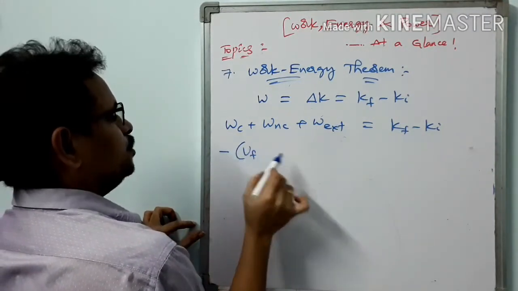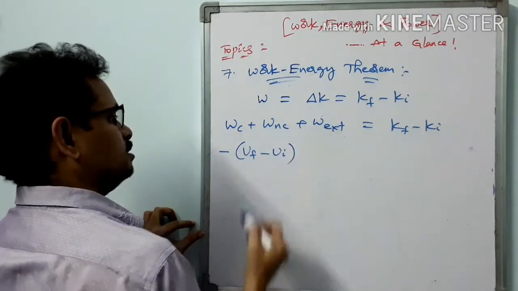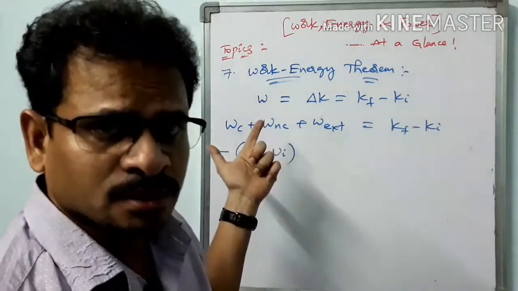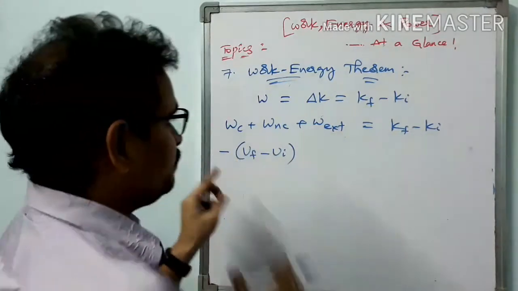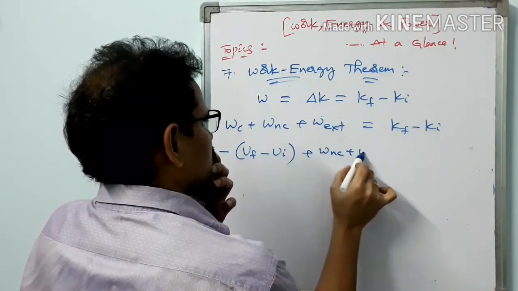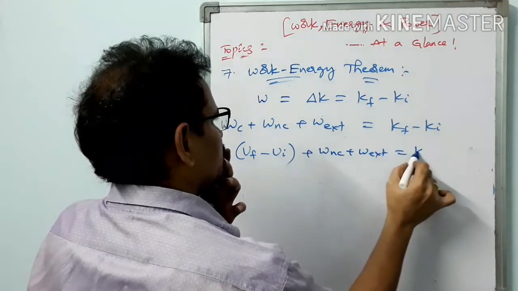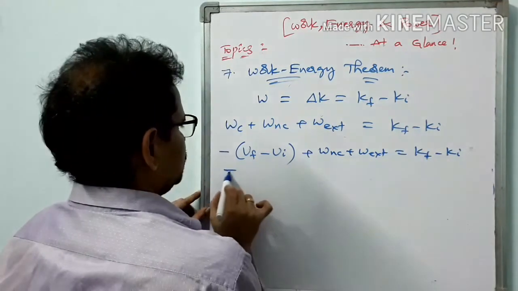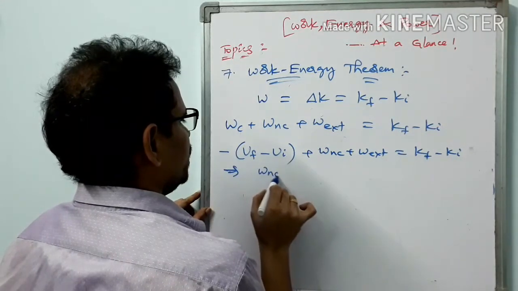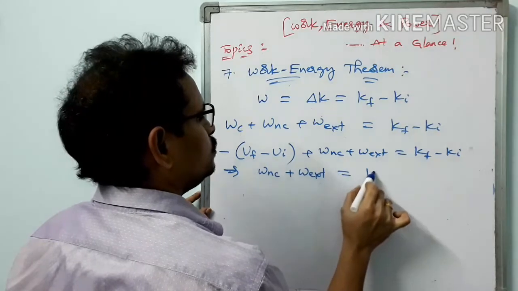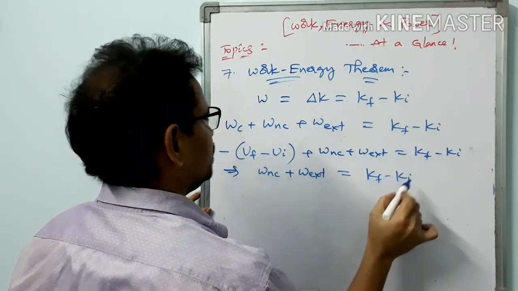Wc is minus of Uf minus Ui, because change in potential energy Uf minus Ui equals minus Wc. Therefore, in the place of Wc, I am writing minus of Uf minus Ui, plus Wnc, plus W external, equals Kf minus Ki. This implies Wnc plus W external equals Kf minus Ki.